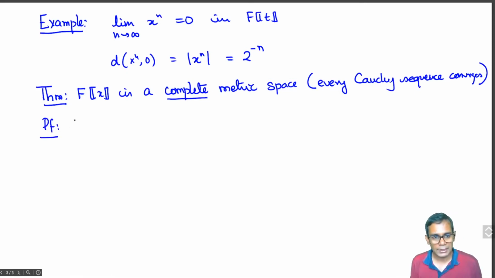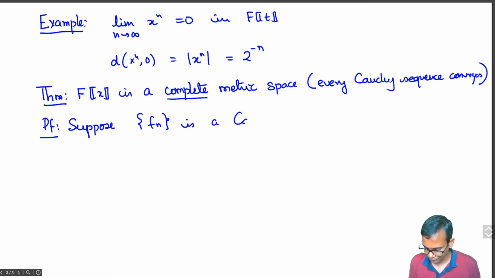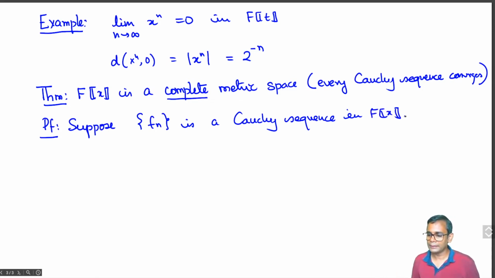So suppose we have a Cauchy sequence in F[[x]]. I want to show that it converges. I want to construct a limit for this sequence.